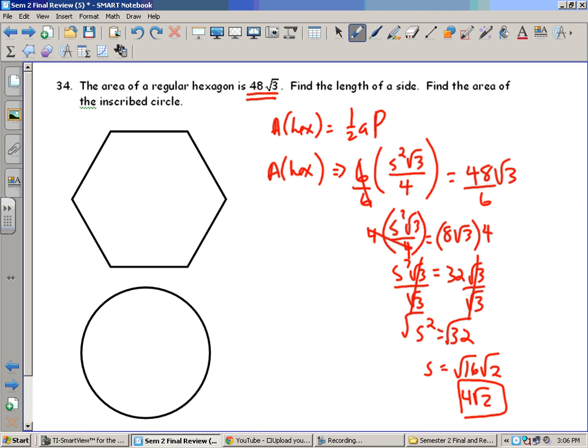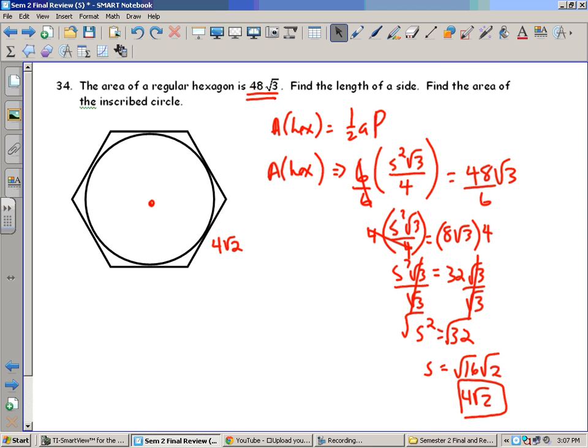Okay, so that's going to help me figure out the area of the inscribed circle. If the side length of this hexagon is 4 root 2, then I know that the apothem, which is actually going to be the radius of this circle, is always in a relationship of half the side root 3. So it's going to be 2 root 2 times root 3. So the apothem is actually going to be 2 root 6, which is going to be the radius of the circle.